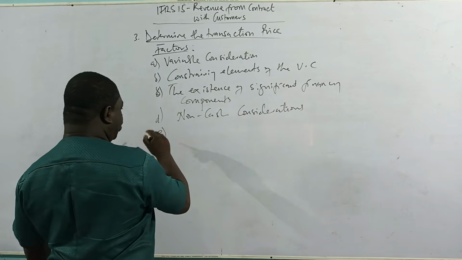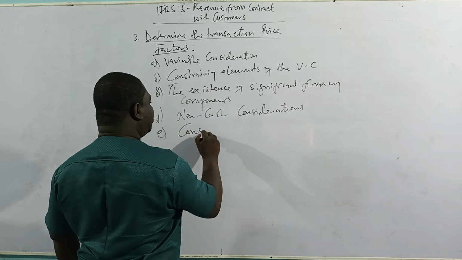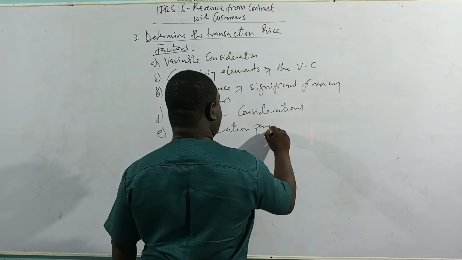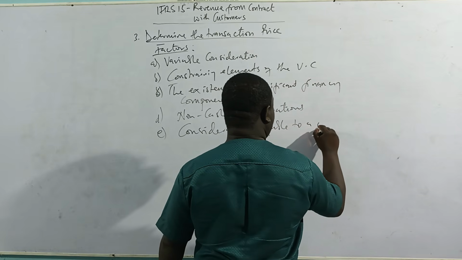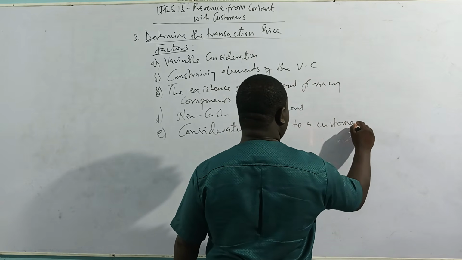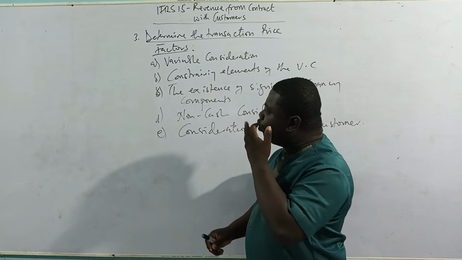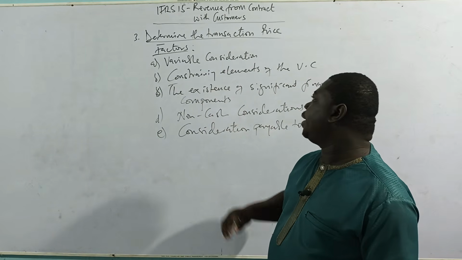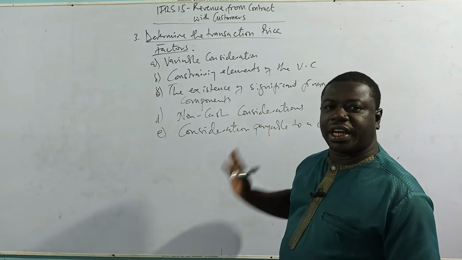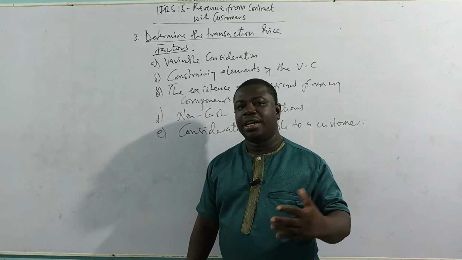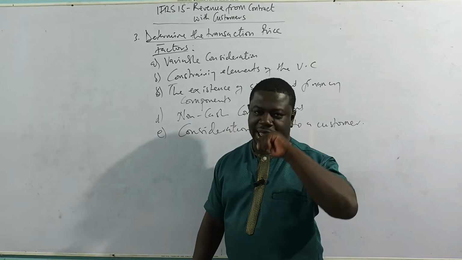And then finally, we look at consideration payable to a customer. Now, these are 5 factors, even though some are related, okay? These are 5 factors that must be considered in determining the transaction price. Now, I'm going to explain them to you, so please pay attention.